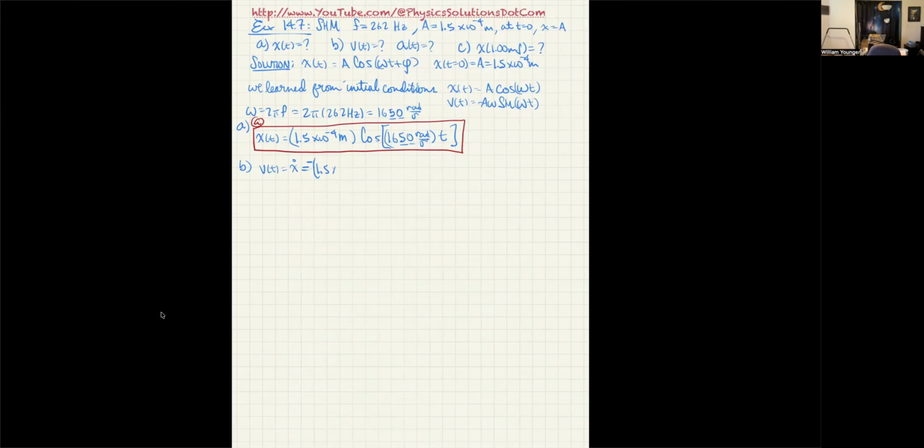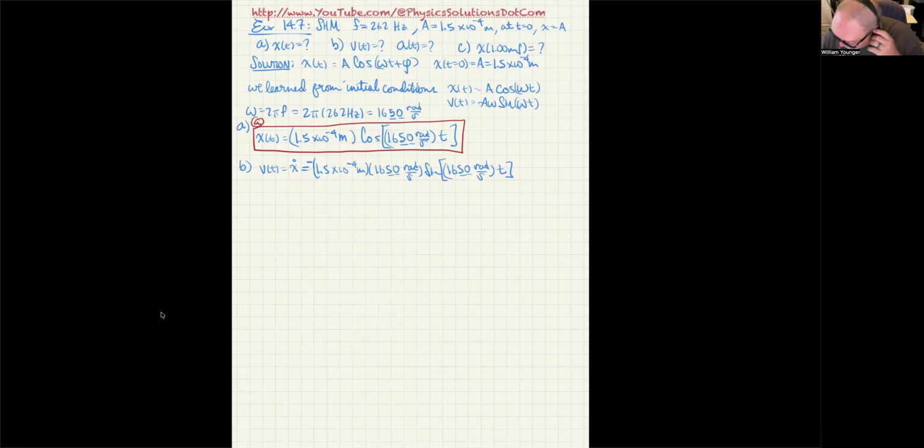So it's negative 1.5 times 10 to the negative fourth meters times, oops, I need the omega now, because remember we're taking the derivative of cosine omega t, which gives us negative sine times omega. So I've got to multiply this by 1650 radians per second times sine of 1650 radians per second times t, like that.